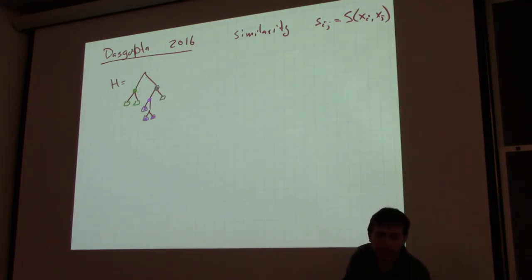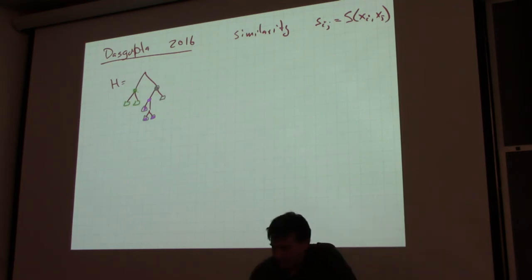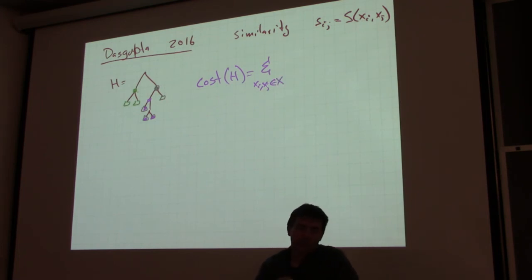Let me see if I can write this down. The cost of some hierarchy is equal to the sum over all x_i, x_j in the data set of the similarity between those two.